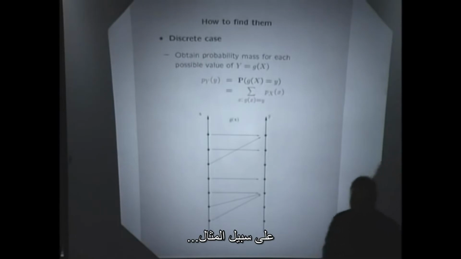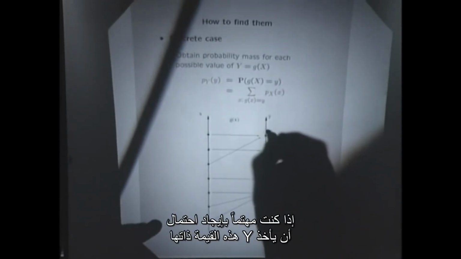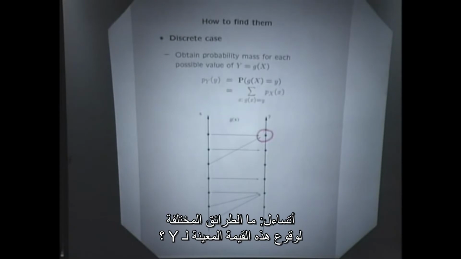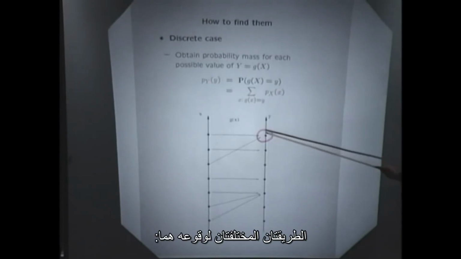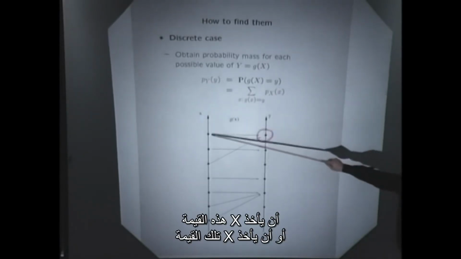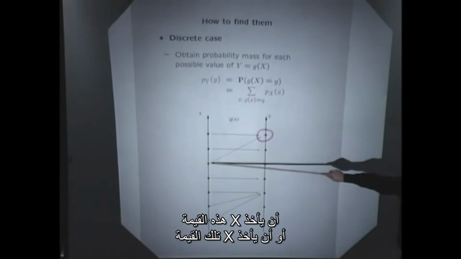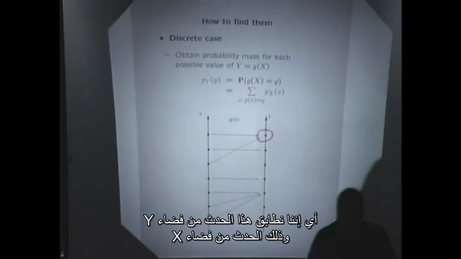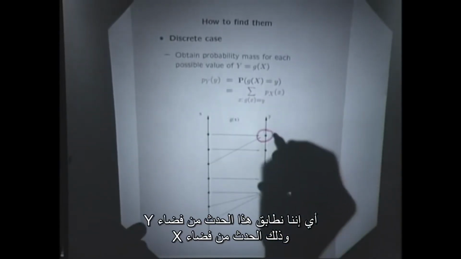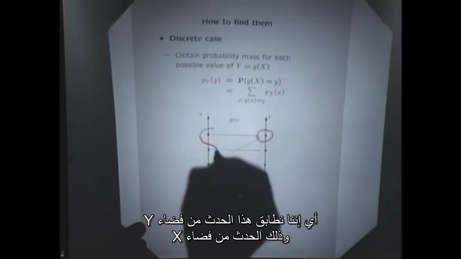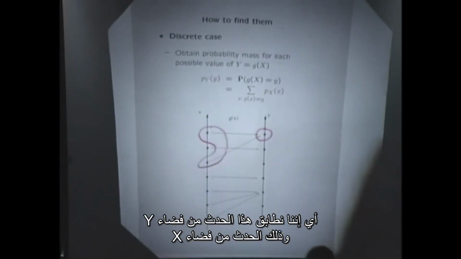So, for example, if I'm interested in finding the probability that y takes on this particular value, how would I find it? Well, I ask, what are the different ways that this particular y value can happen? And the different ways that it can happen is either if x takes this value or if x takes that value.